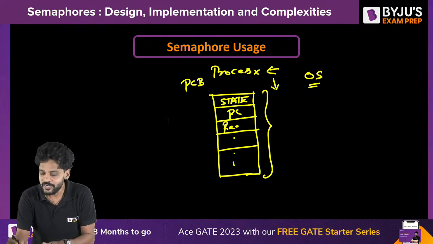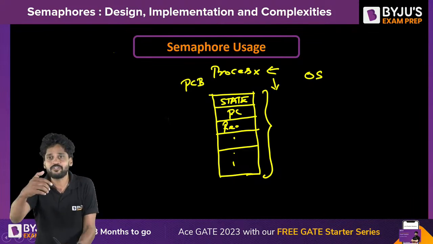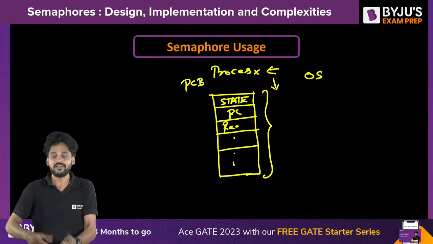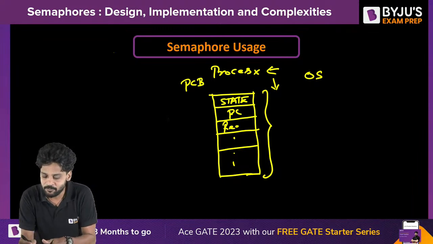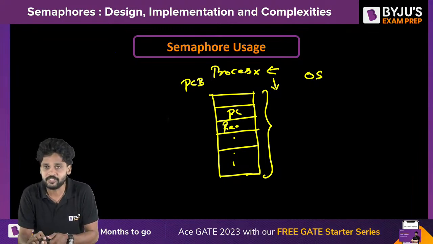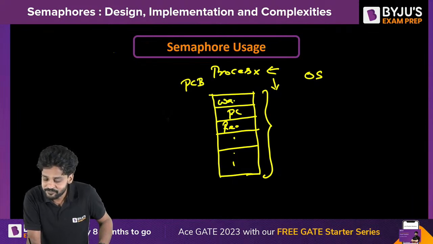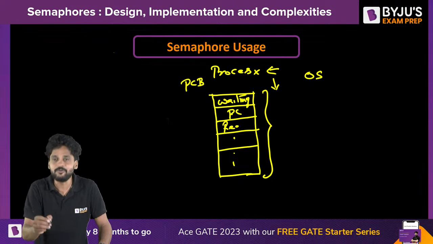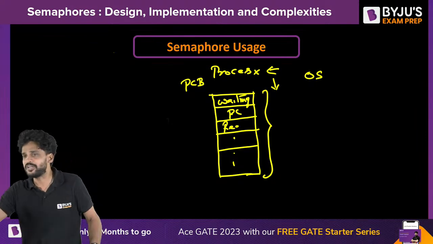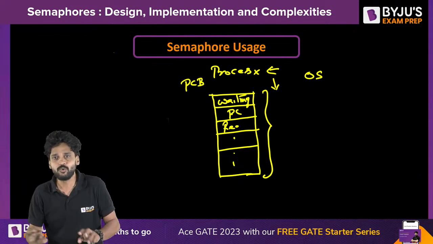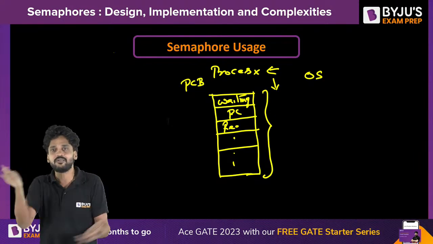So what the operating system does is, every time a process requests to block itself, the state of that process is immediately changed from ready to waiting. I am the operating system. You requested me to block yourself. So I don't turn the world upside down.